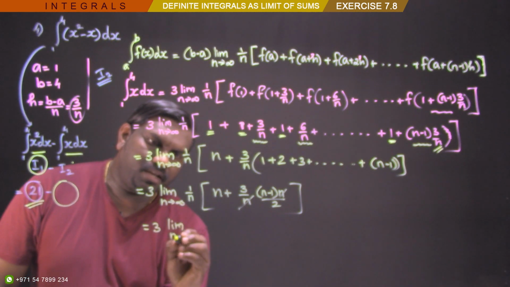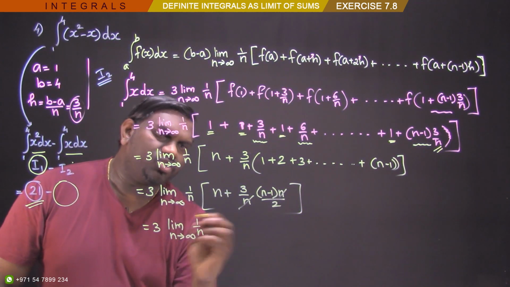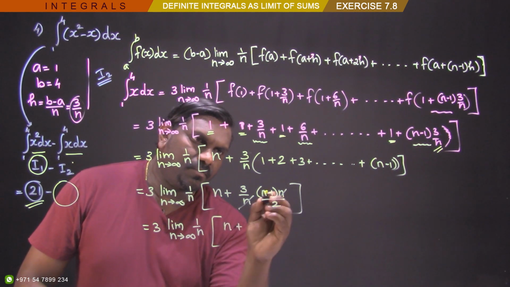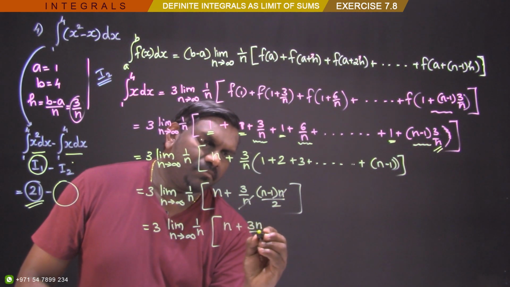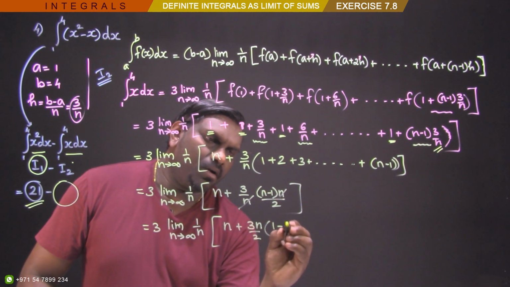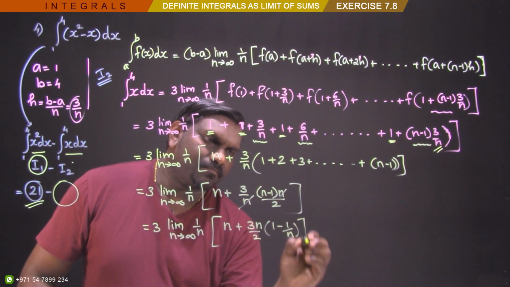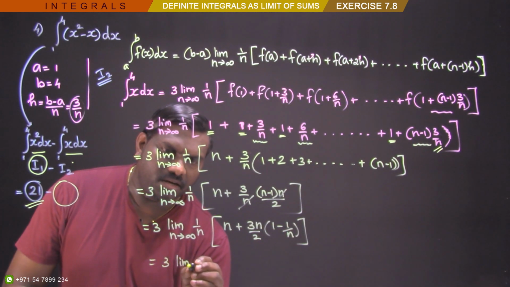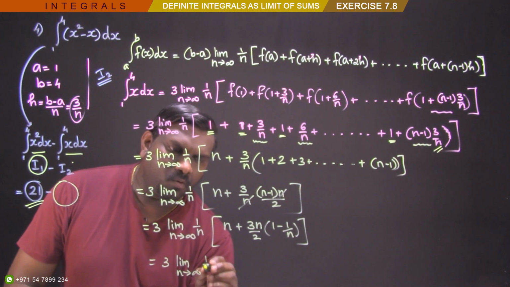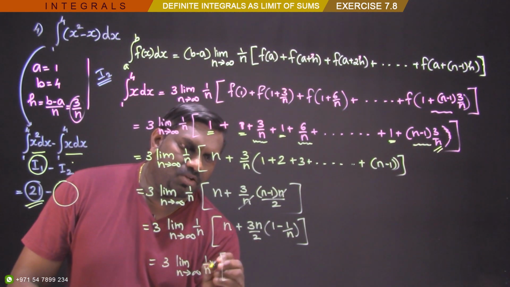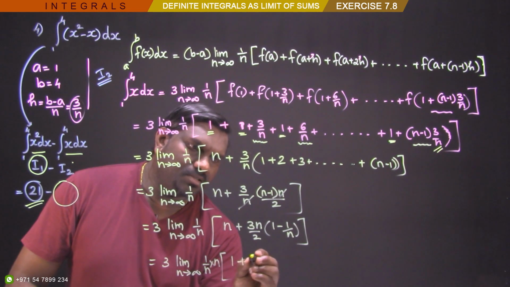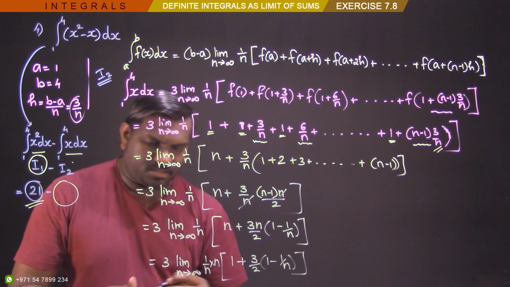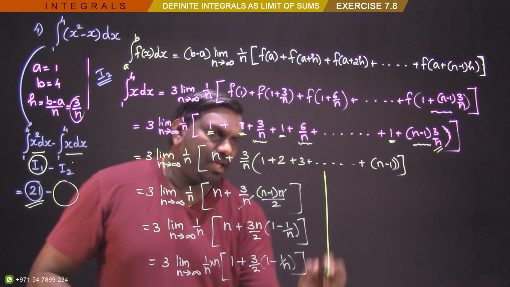I need to take n outside, so it will be 3n, and this one would be 1 minus 1 by n. So what I will be getting: 3 limit n tending to infinity 1 by n into n and n, so 1 plus 3 by 2 into 1 minus 1 by n, dear.